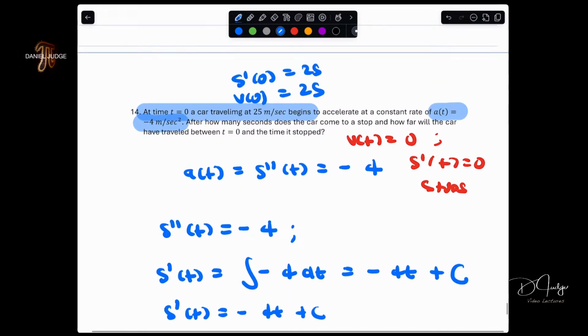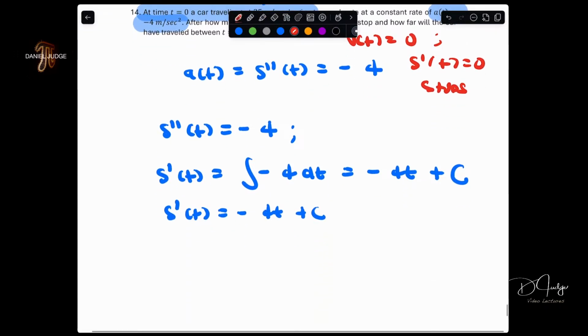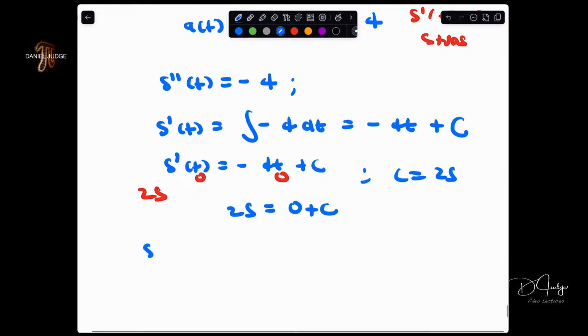Well, remember the initial velocity is 25 at 0. So if I plug in 0 here, velocity is 25. So 25 is that 0 plus c, which means c is 25. So here's your velocity function. S prime of t is negative 4t plus 25.